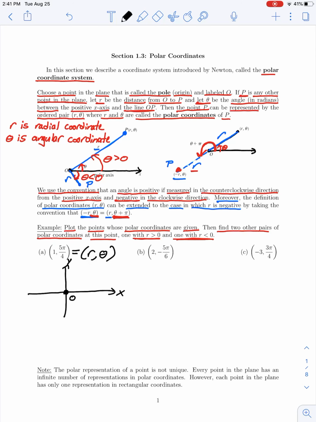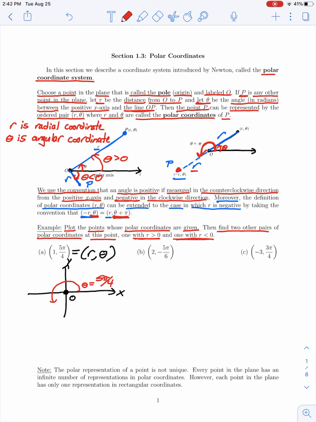So from the polar axis, or positive x-axis, we rotate 5 pi over 4 radians in the counterclockwise direction, since we had a positive value of theta.